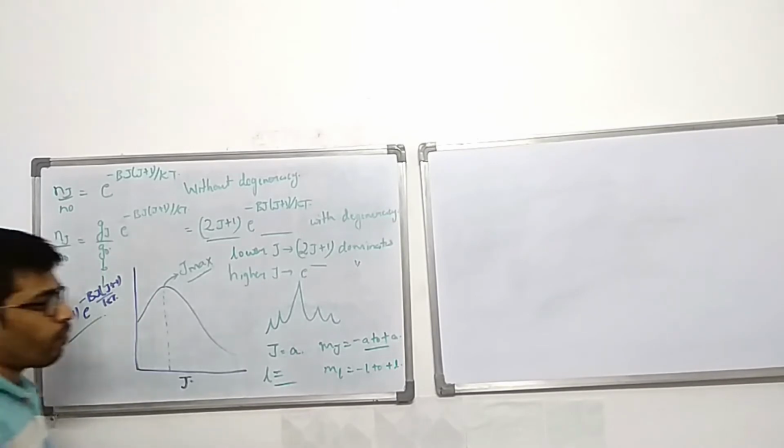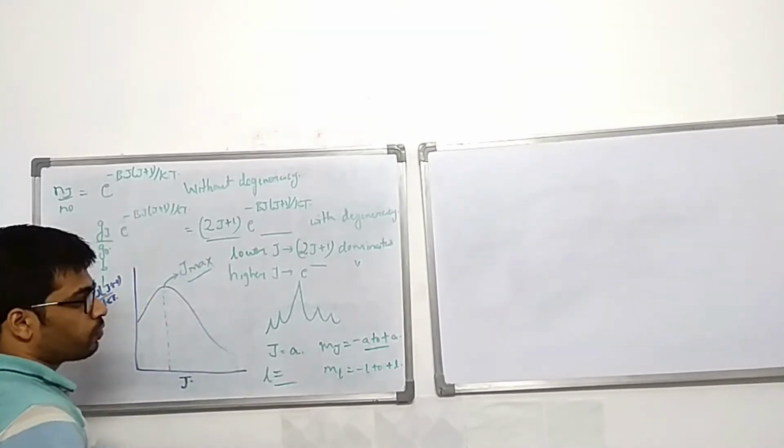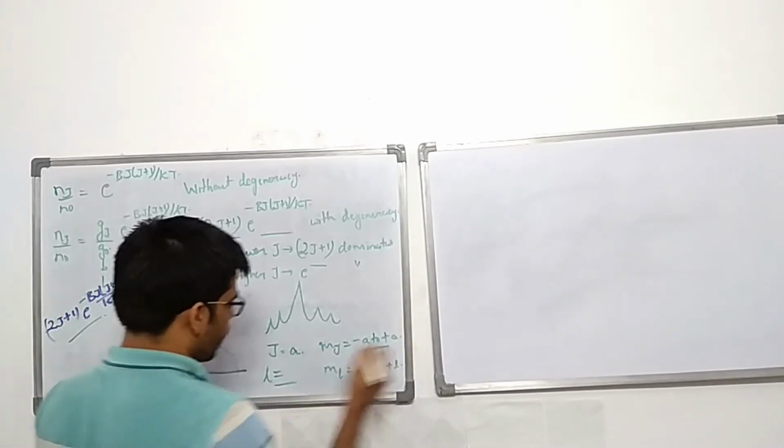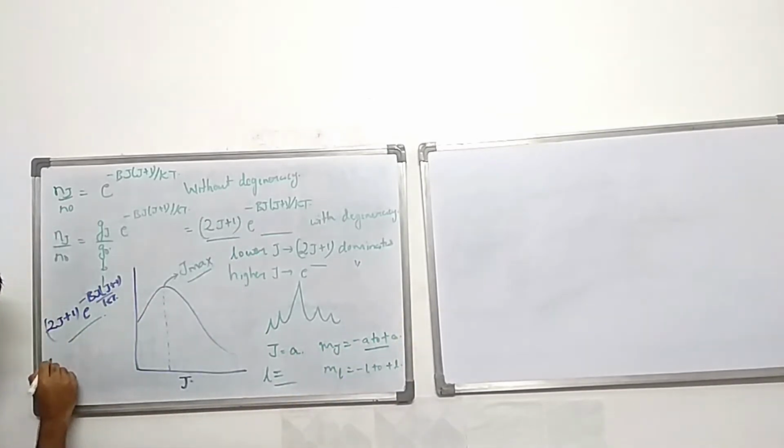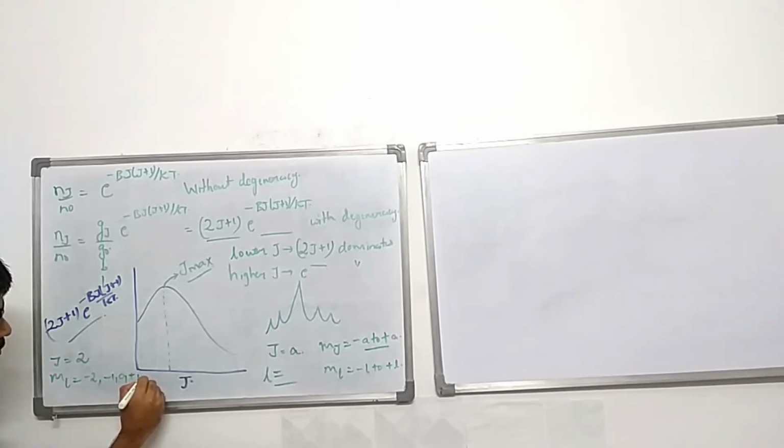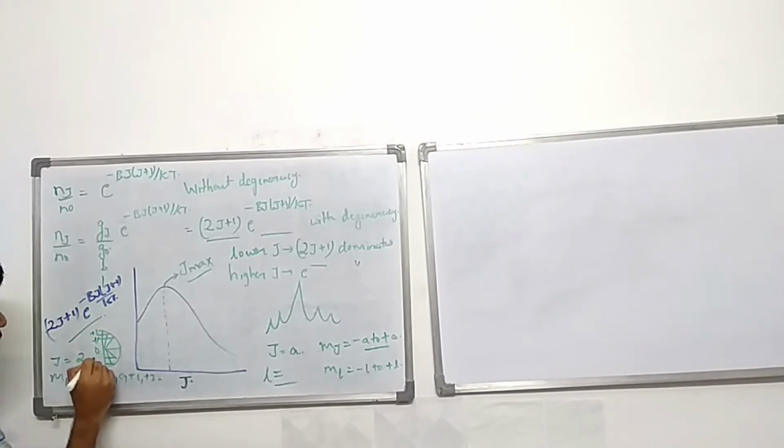Okay, fine. That is why we had seen in the last few minutes that for j equals to 2, the possible levels we got were minus 2, minus 1, 0, plus 1 and plus 2. If you can remember, it looked something like this. So these are the values 0, plus 1, plus 2, minus 1, minus 2, the projections of the rotation along the axis of rotation.